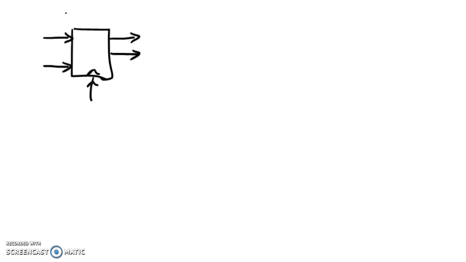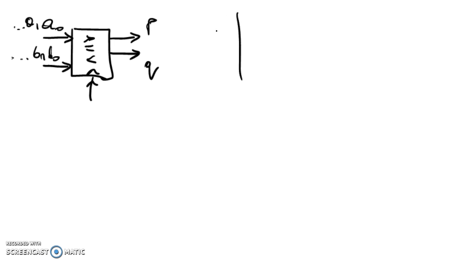And you've got the A0, A1, etc., B0, B1, etc. There are two numbers in binary codes which are to be compared, greater, equal, lower, and the P and Q output of the overall result.